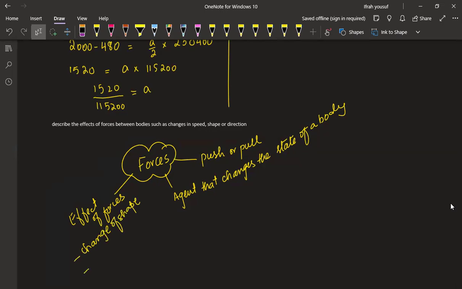Direction, because if an object is moving and you want to change the direction, you need to apply an unbalanced force, right?